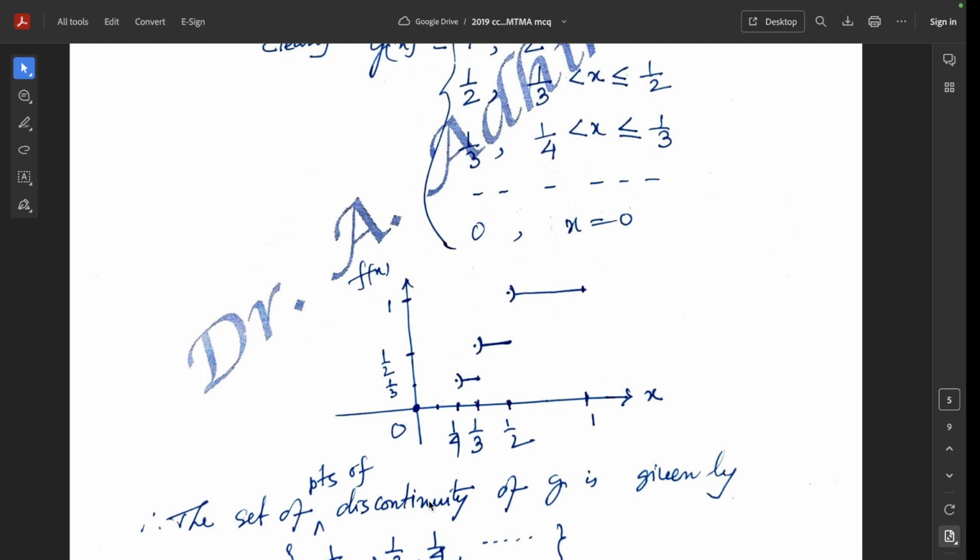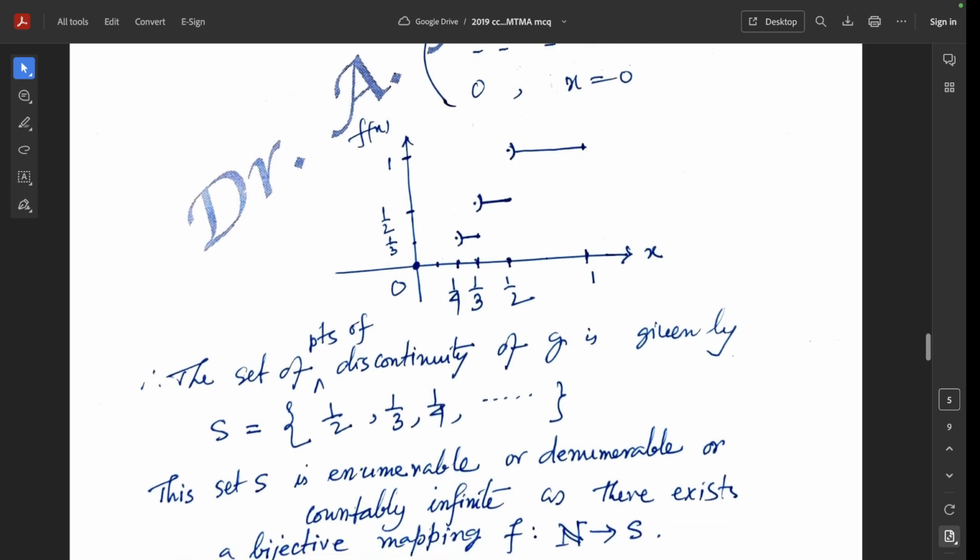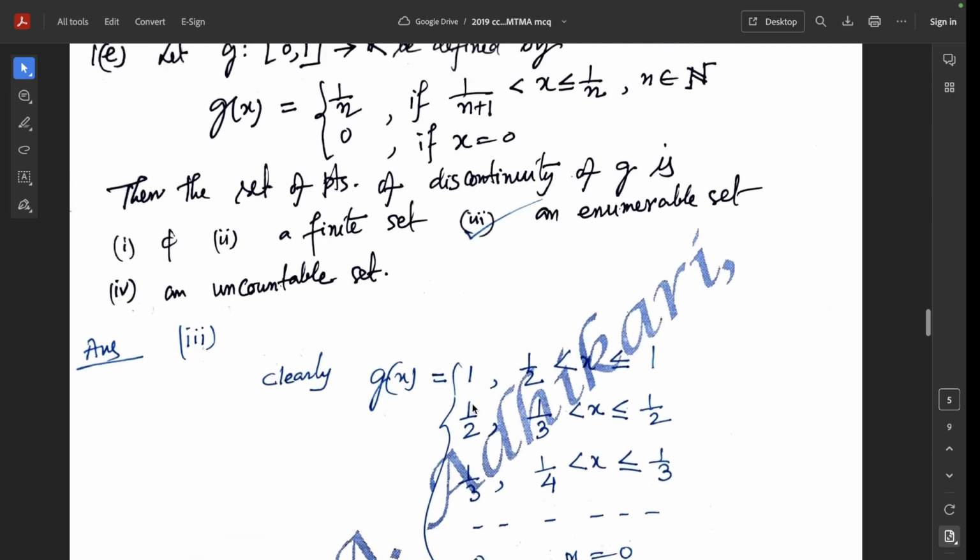So the points of discontinuity of G within the interval 0 to 1 are half, 1/3, 1/4, and so on. Obviously this maps to the natural numbers n. So this set is enumerable, or denumerable, or countably infinite, as there is a bijective mapping f from the set of natural numbers N to S. So this is an enumerable set.